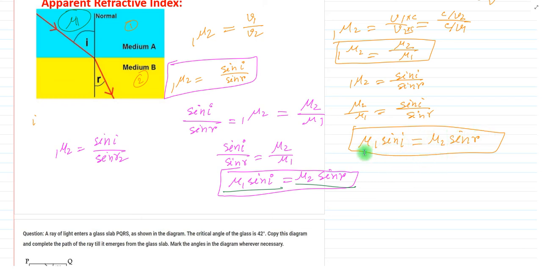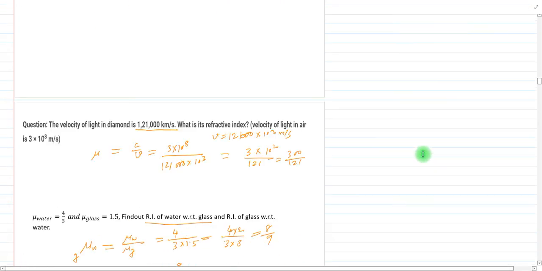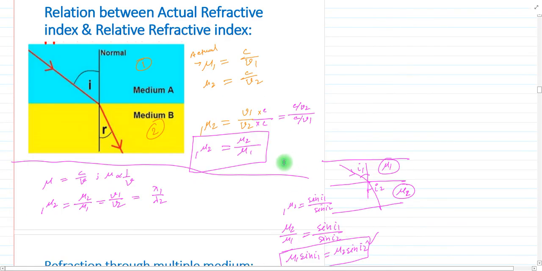That means the actual refractive index of one medium times the sine of the angle in that medium equals the refractive index of the other medium times the sine of the angle of incidence or refraction in that medium. And we did some problems also.